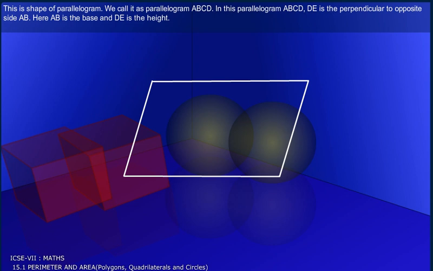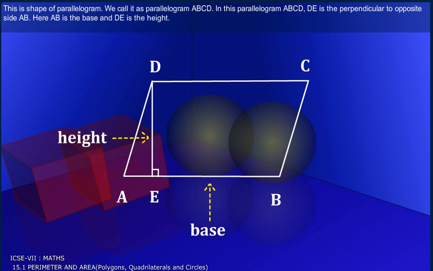Now this is a shape of parallelogram. We call it as parallelogram ABCD. In this parallelogram ABCD, DE is the perpendicular to opposite side AB. Here, AB is the base and DE is the height.